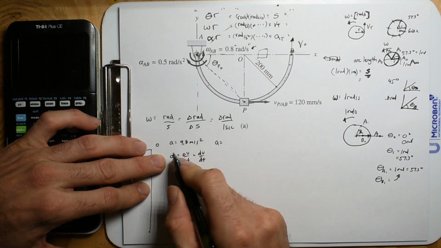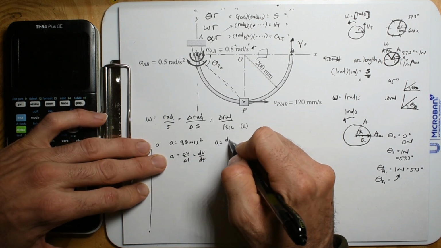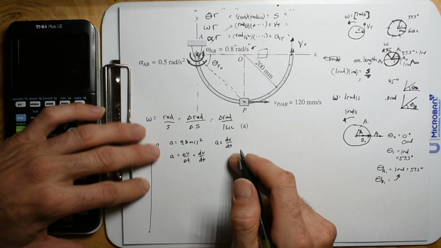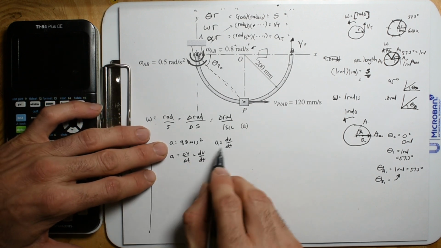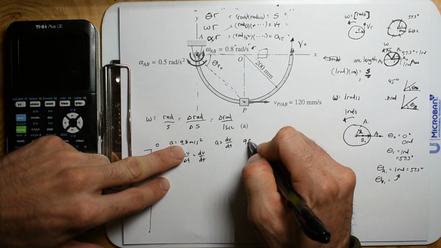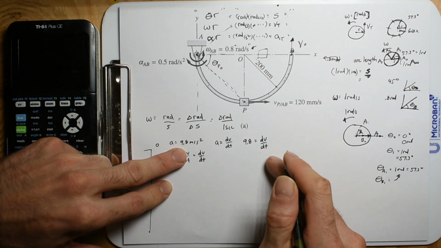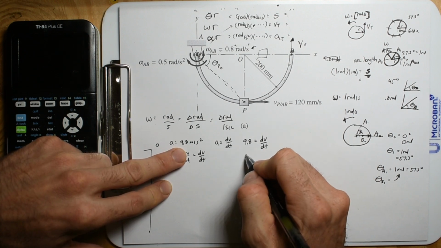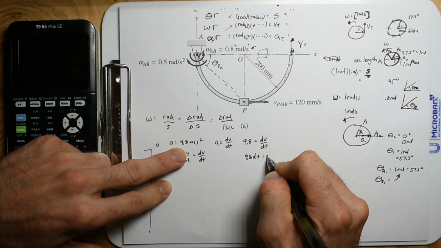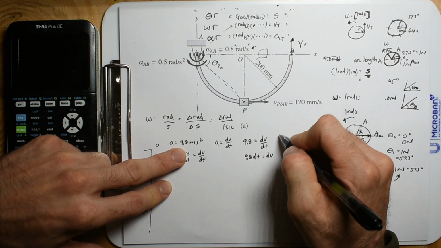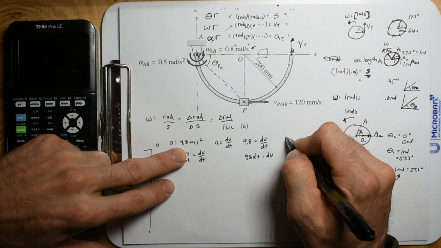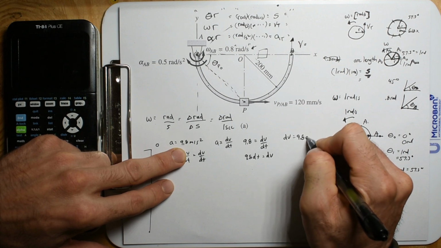So I can substitute that in: 9.8 is dv dt, separate variables, and we get 9.8 dt is equal to dv. Typically I write it the other way around, but we have dv is 9.8 dt.